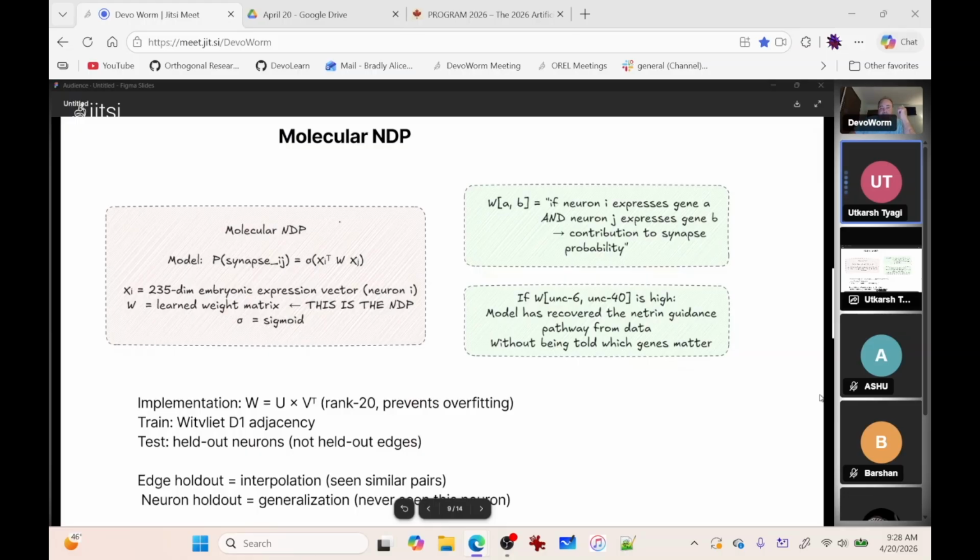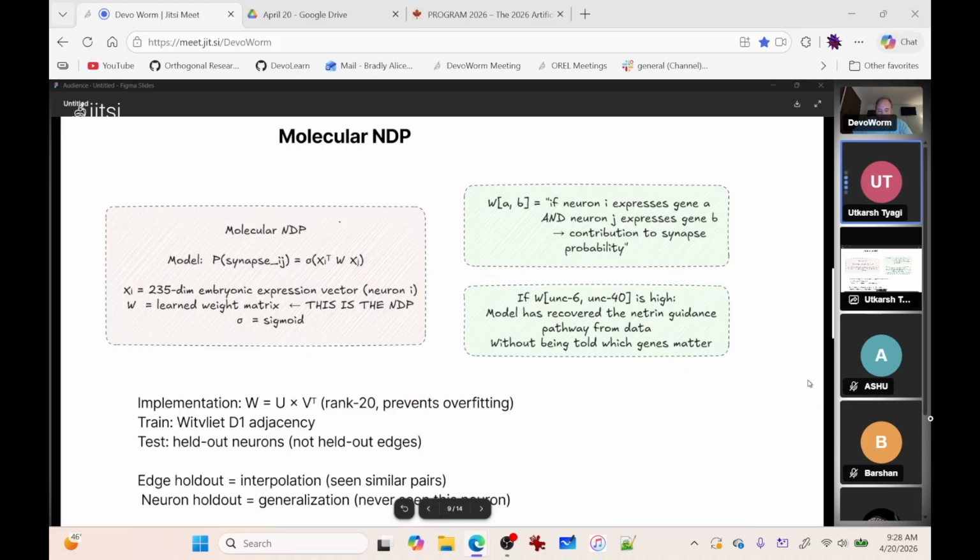It predicted that high-degree neurons connect to other high-degree neurons. This is a strong baseline because the hub structure is real. I found that during my C302 experiments also. But the molecular model adds specificity. It predicts which partners a neuron chooses, not just how many.